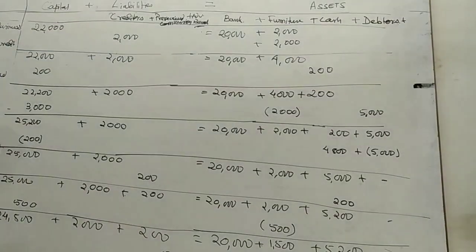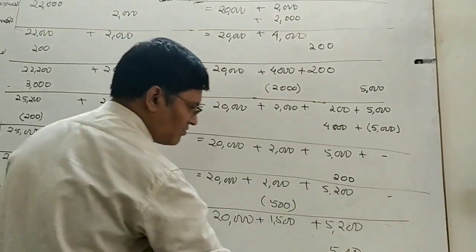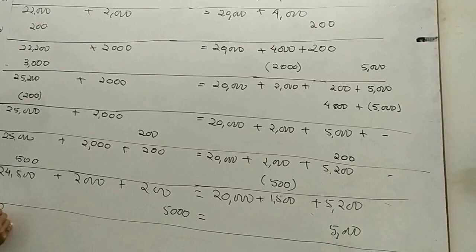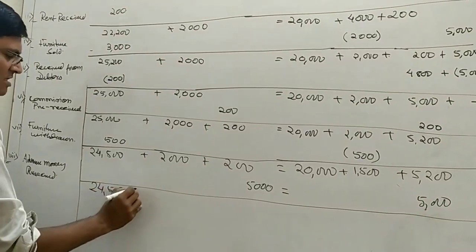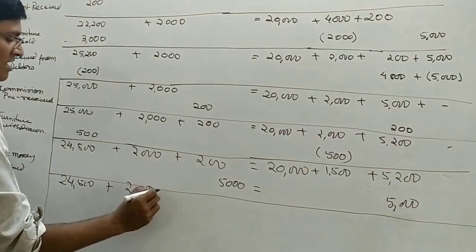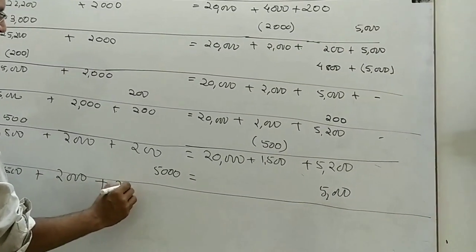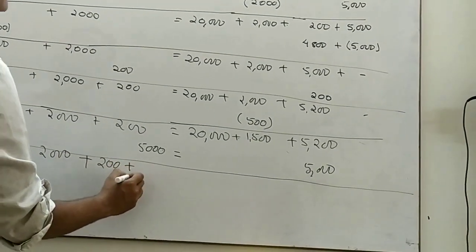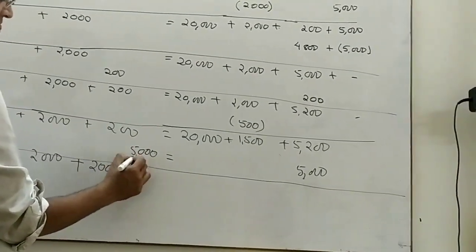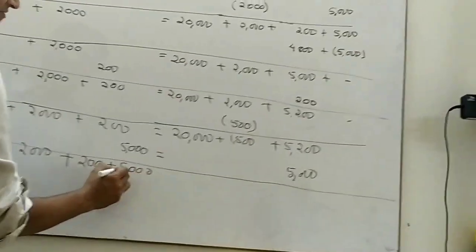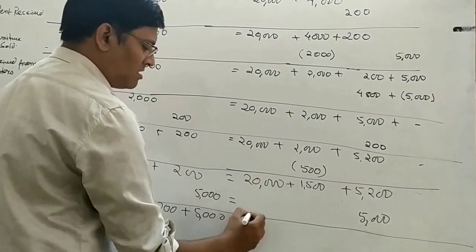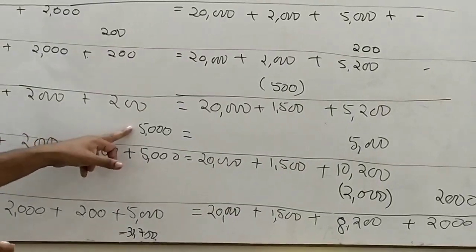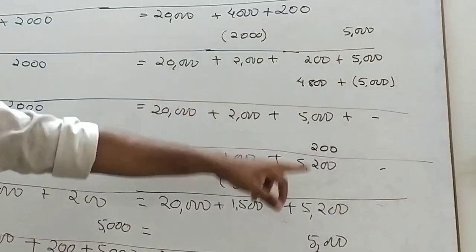If I will be doing this adjustment, it will look like this: 24,500 in your capital, 2,000 in your creditors again, 200 as a pre-received commission, 5,000 is your advance received from the customer, 20,000 bank, and the 5,000 we have recorded in the cash balance.